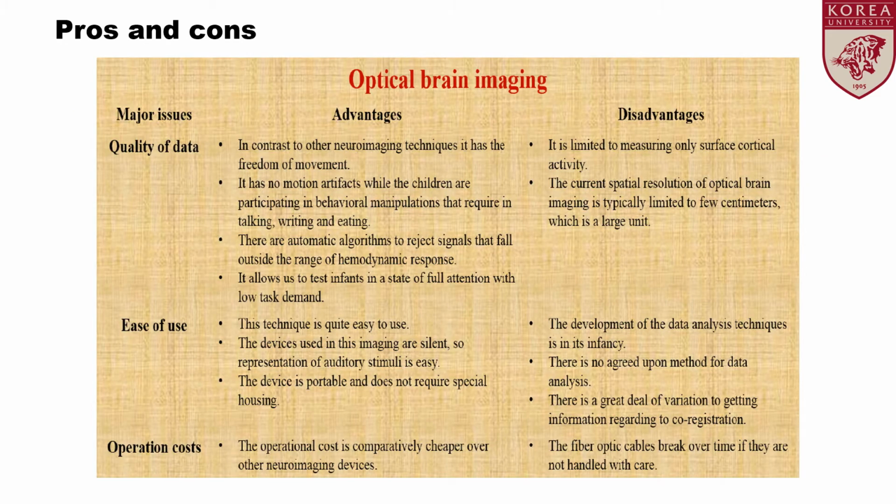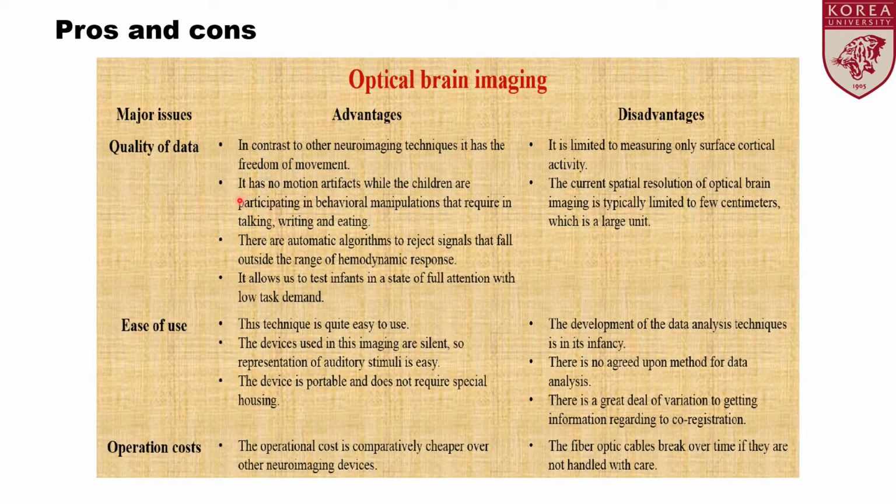Here we can see some advantages and disadvantages of NIRS systems. So in regard to quality of data, the advantages are, in contrast to other neuroimaging techniques, it has the freedom of movement.